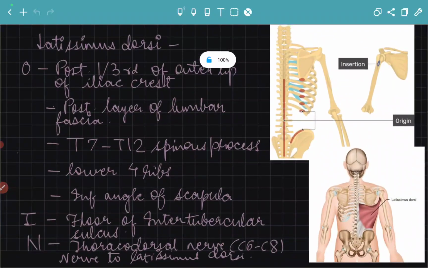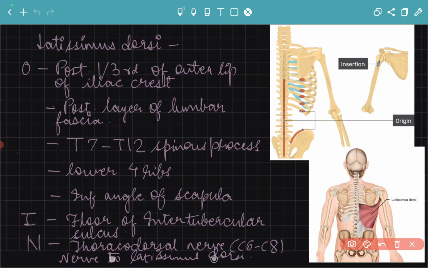Having nerve supply as thoracodorsal nerve, root C6 to C8. So the thoracodorsal nerve, or nerve to Latissimus dorsi, will supply or innervate this muscle. That was about the origin, insertion as well as the nerve supply.